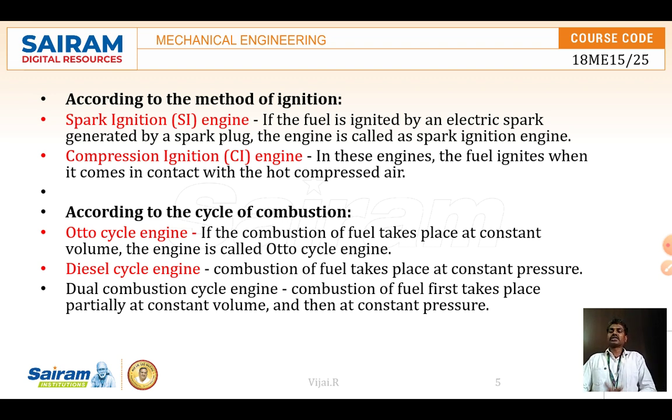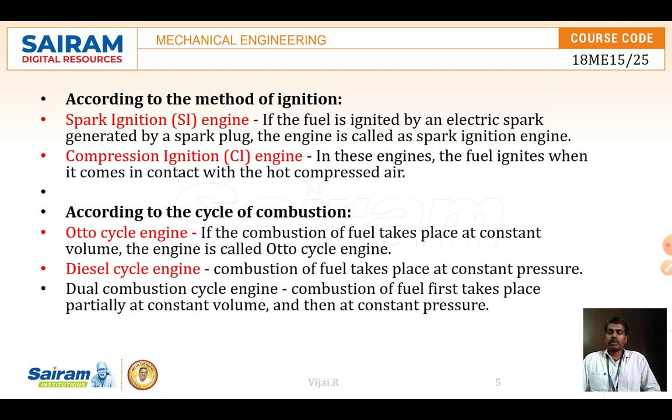That is called the spark ignition system. Another one is the compression ignition system, where the fuel ignites automatically with the pressurized air and the hot temperature. This is called compression ignition. There is no spark plug present over here. So CI engine is compression ignition engine.